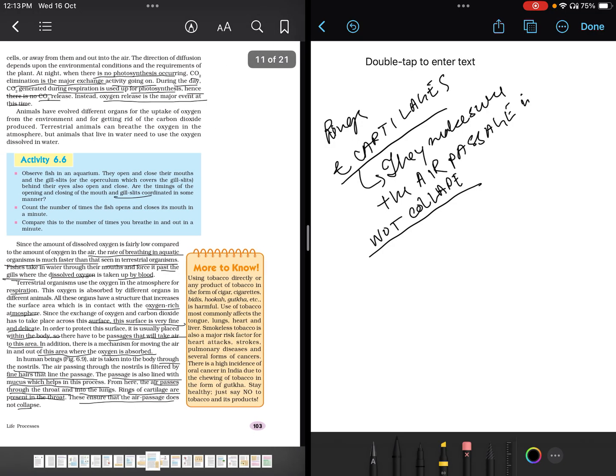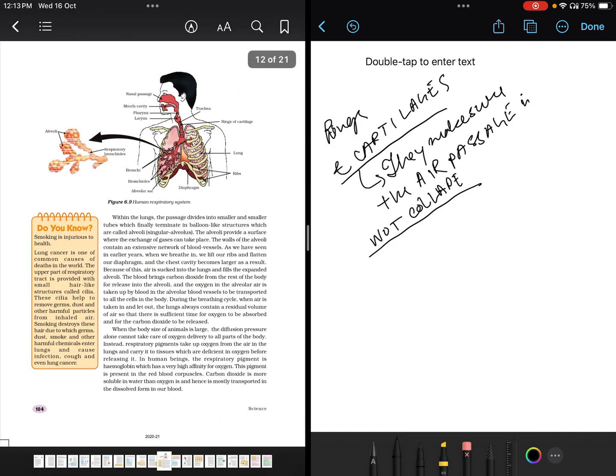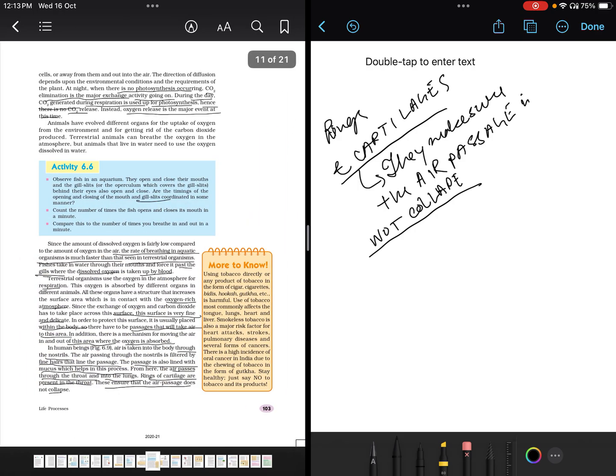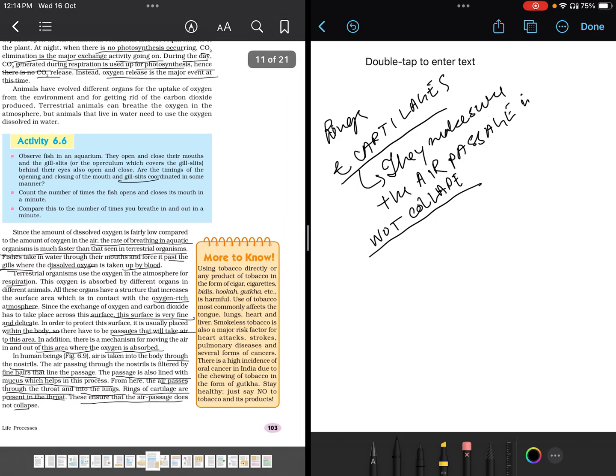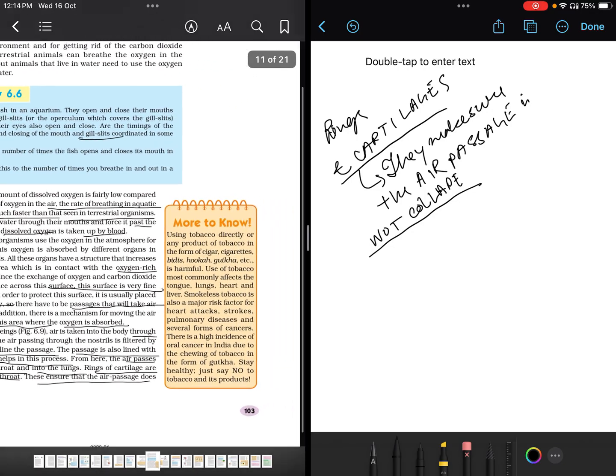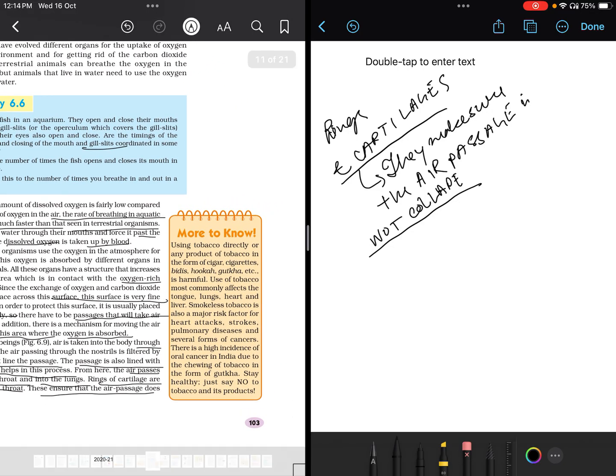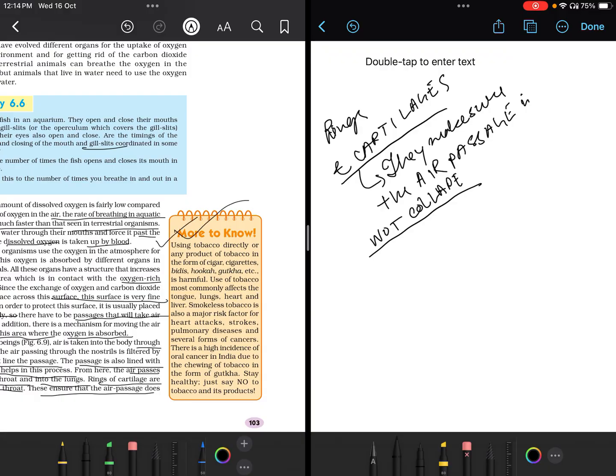Now going to the next page. One more thing to know. Using tobacco directly or any product of tobacco in the form of cigar, cigarettes, biri, hookah, gutka, etc. is harmful. It is very important to know, and you should not start these things at your age or in elderly age also.